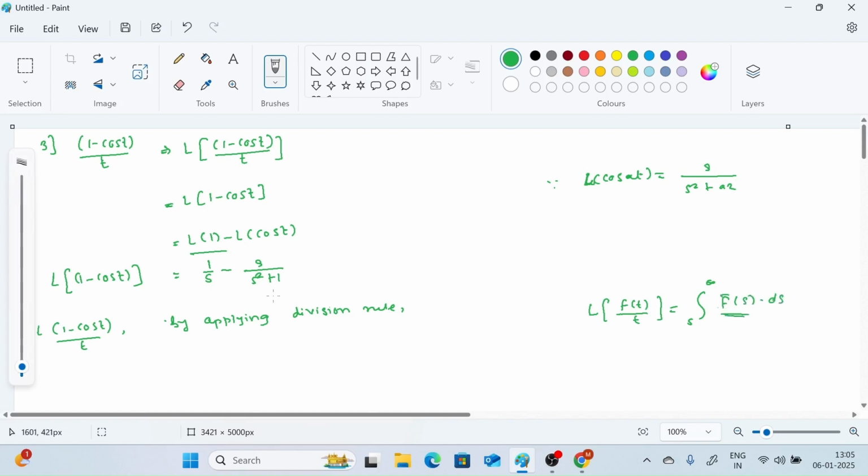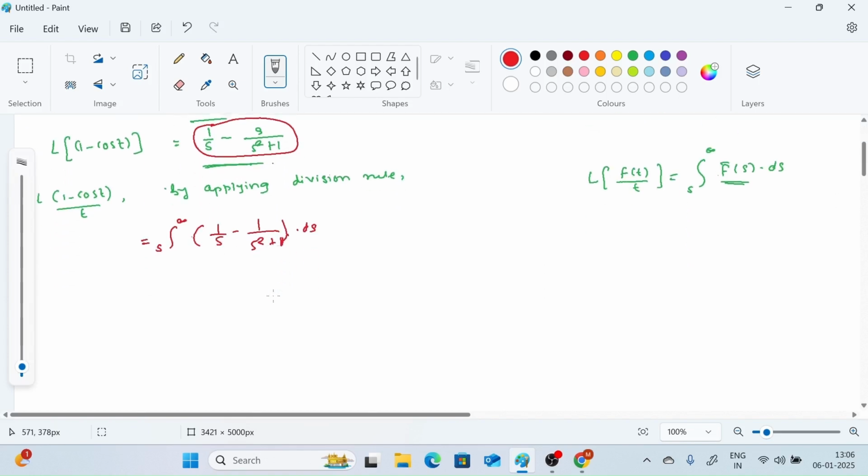So what is f bar of s? We have got this term as f bar of s. So what can I write here? Integration from s to infinity of (1 upon s minus s upon s square plus 1) ds.